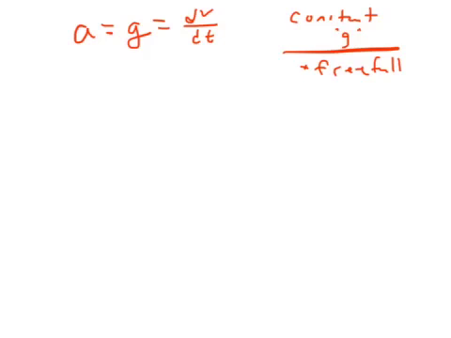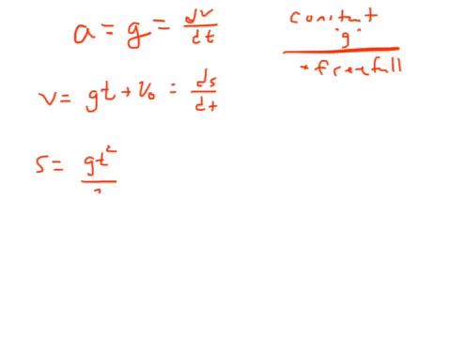Then we get that v equals gt plus some constant. Well, my constant is just whatever my initial velocity is, and this equals the change in position with respect to time. So our position then would be gt squared over 2 plus v naught t plus some constant, but that constant is just my initial position.